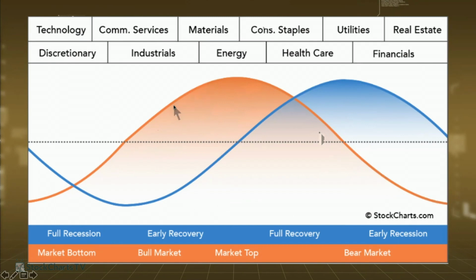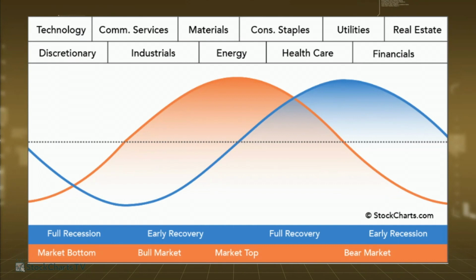But this is a great chart to give you a feel for what's going on economically in the US, but also looking at what the stock market's doing. One of the reasons you want to study sector rotation is a lot of times it's going to help you determine which part of the market you are in, what part of the rallies you're in.